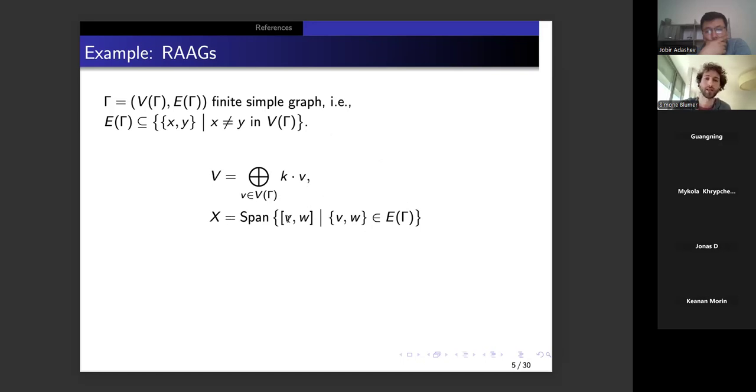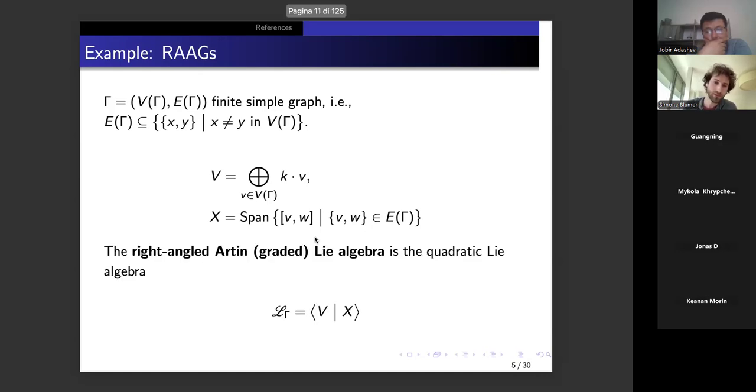And the relations are given by the commutation between the endpoints of each edge. So we have one generator for each vertex of the graph and one relation for each edge in the graph. So the right-angled Artin Lie algebra is the quadratic Lie algebra with this presentation here.